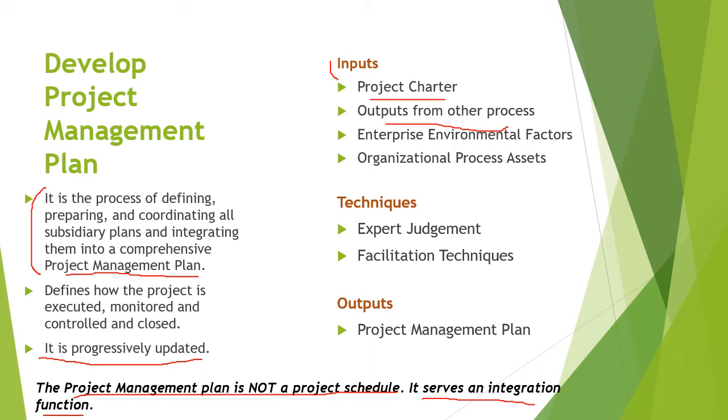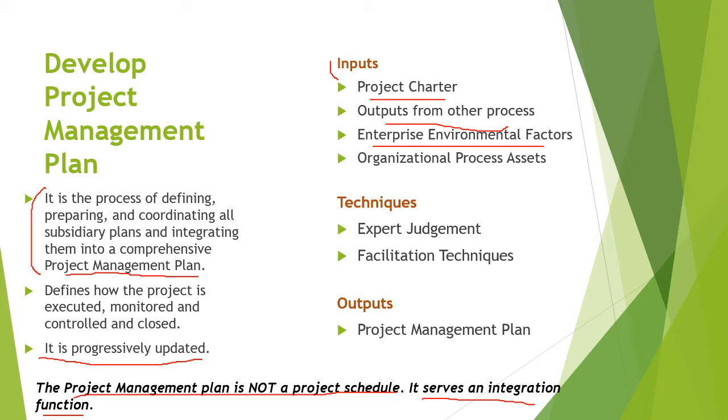Now if we look at the third input, that is enterprise environmental factors. One of the most important enterprise environmental factors for developing a project management plan is the project management information system, right? What is a project management information system?